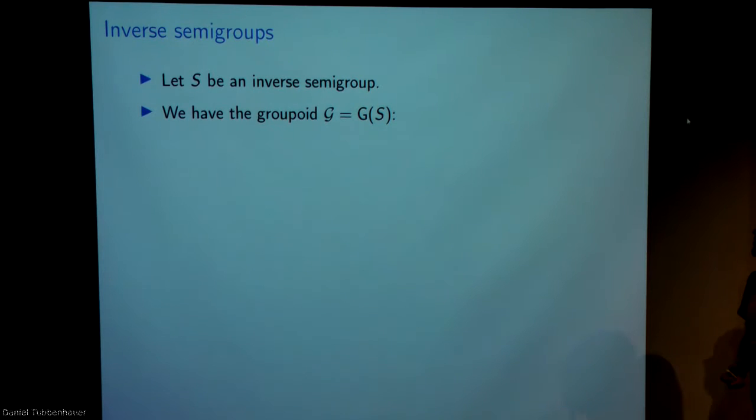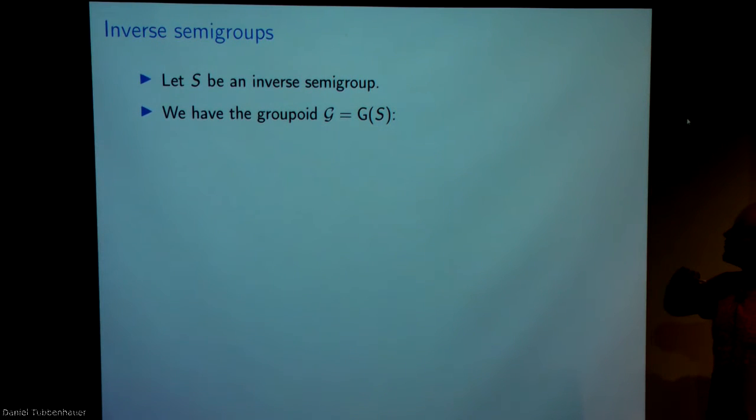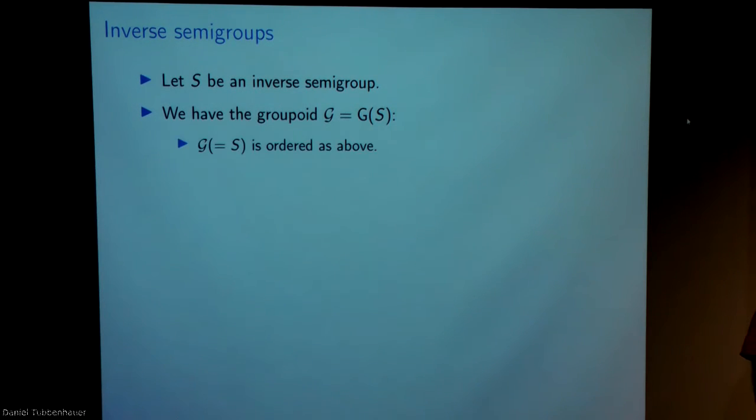Okay. So given an inverse semigroup, we've got this groupoid, and we want to understand how to go back from the groupoid to the semigroup. So how do we do that?